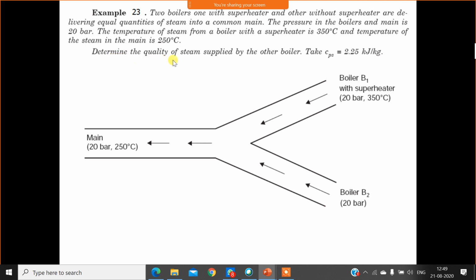And we have to determine the quality of steam supplied by the other boiler.